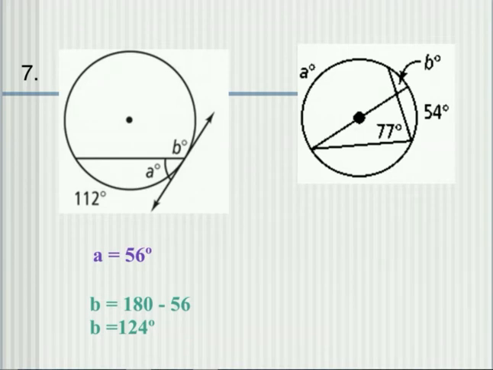For part B, let's say you decided to solve for A first. If you look at the angle that arc A is cut off from the rest of the circle by, it's 77. You could double that and say A would be double 77, 154. Calculating what angle B is takes a bit more work.